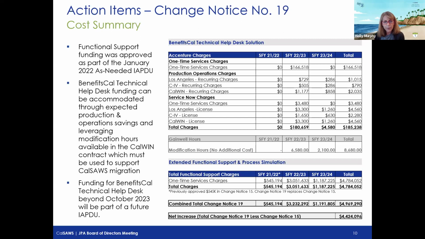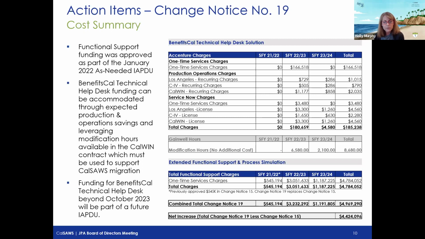In addition, though, in that gray box, you'll see that this solution also leverages our mod hours from our CalWIN contract, or modification hours. Those are built into our CalWIN agreement. And these are hours that must be used to support the migration effort, as per direction we received from the state about 3 years ago.